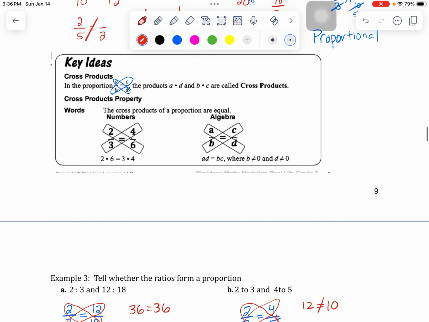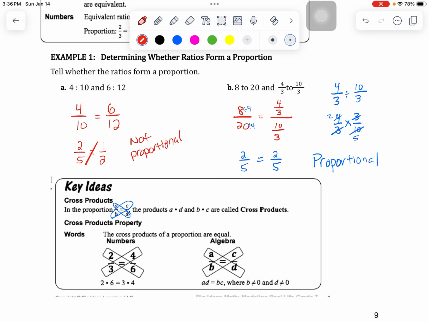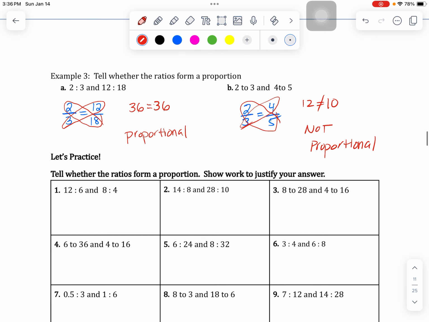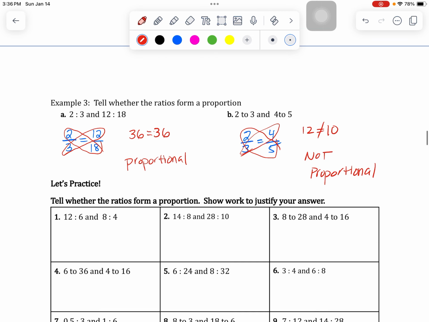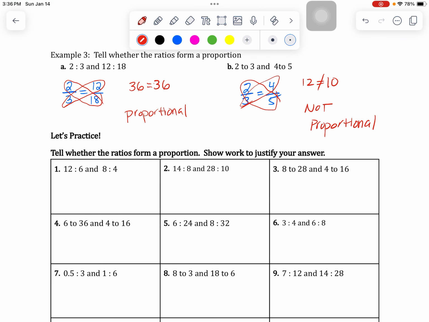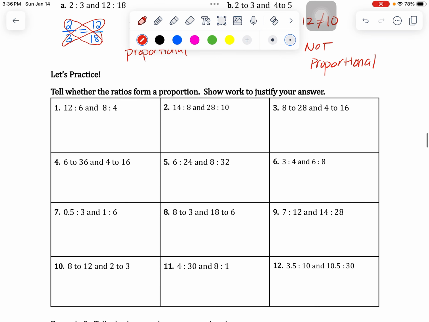You can use the simplifying method that we used in example 1, or you can use the cross product method that we did in example 3 here to determine whether the following questions are proportional. So go ahead, pause the video here, try these problems, and then when you're ready, you can resume the video and check your answers.